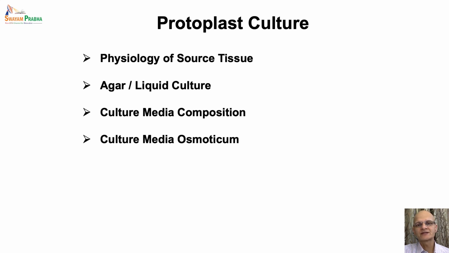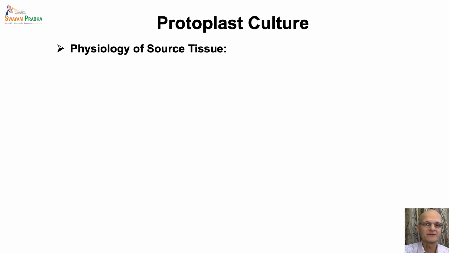Several parameters can affect the protoplast culture, including the physiology of the source tissue or the plants from where tissues were harvested, culture in liquid media or in the semi-solid state, the composition of the nutrient media used, and finally the osmoticum status of the culture media.